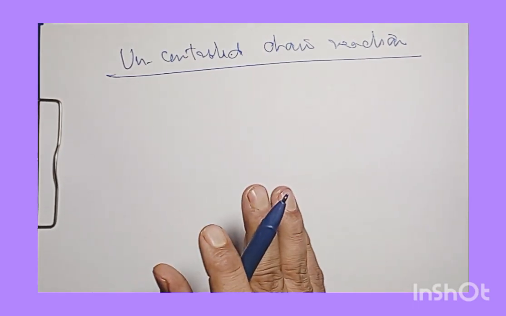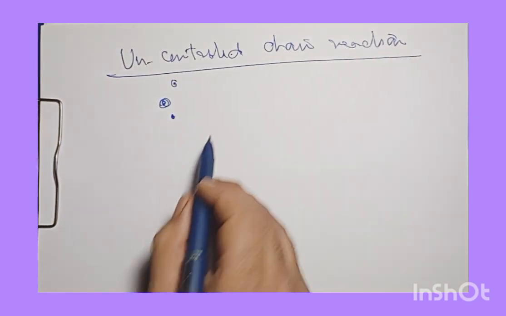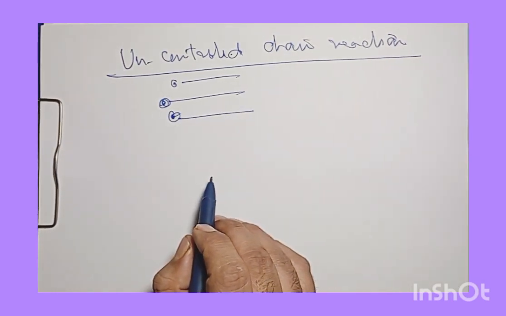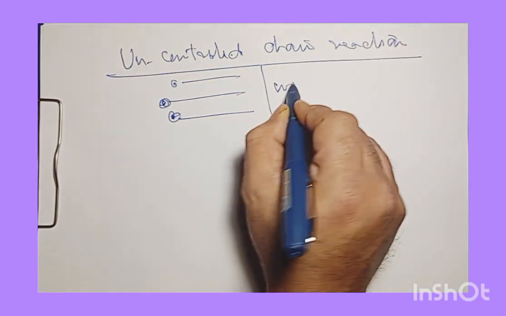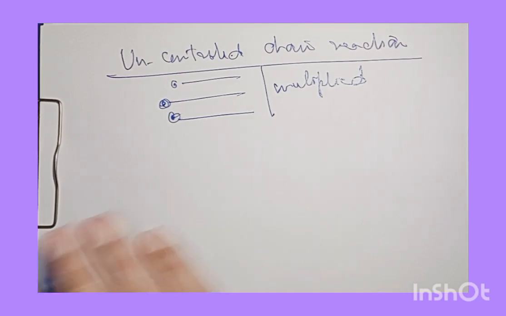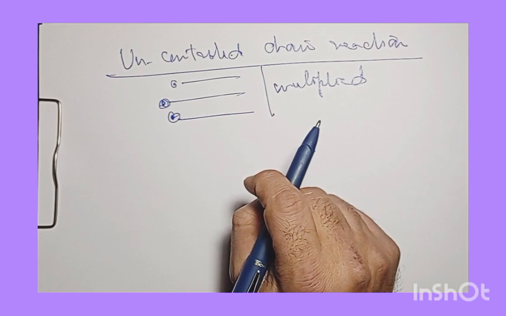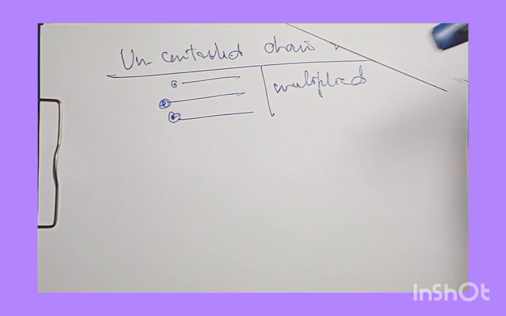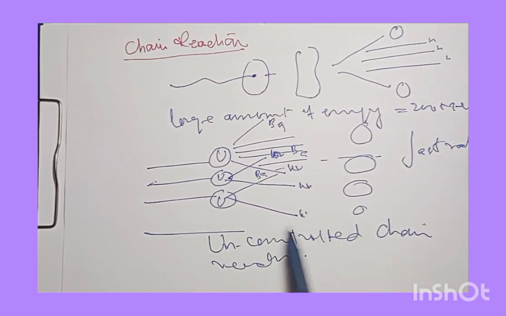If more than one neutron produced in a fission causes further fission at each stage, then the number of fissions and energy released is simply multiplied, and it's multiplied rapidly. Such a reaction is called an uncontrolled chain reaction, that I showed you in the very first page.